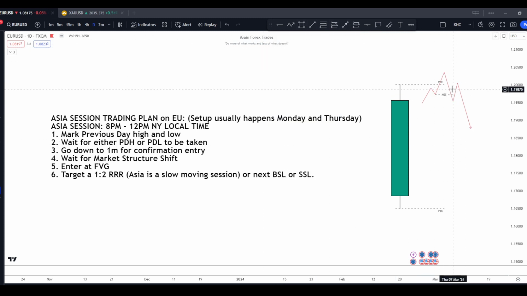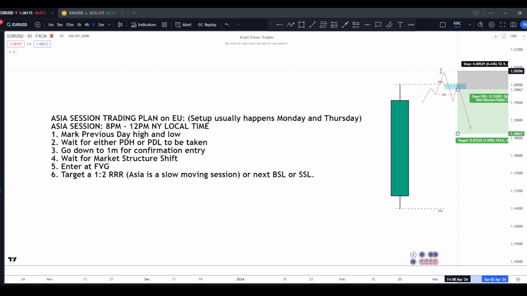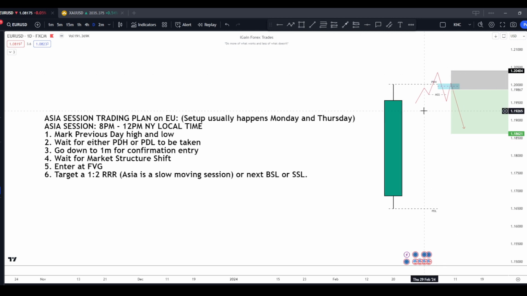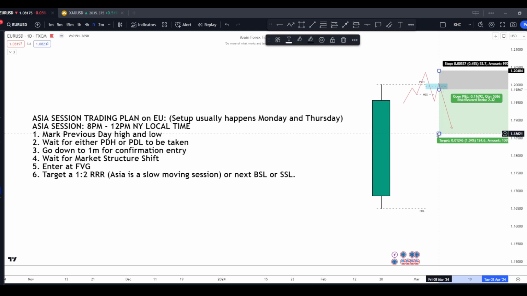And if FVG has been formed here, we can enter at this FVG, stop loss just around this area above swing high, and then we can target this 1:2 risk reward ratio there.